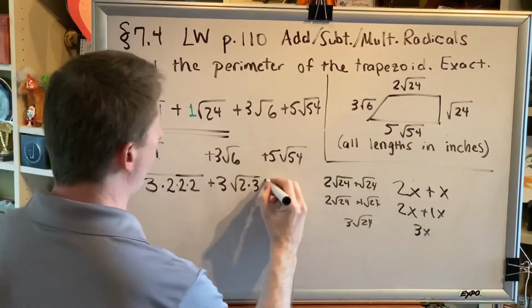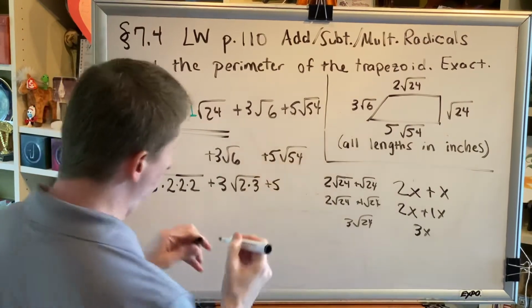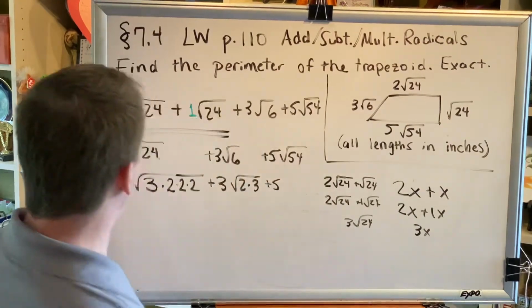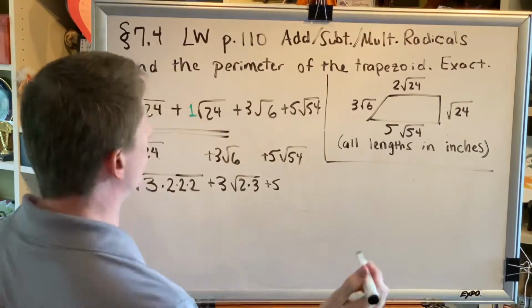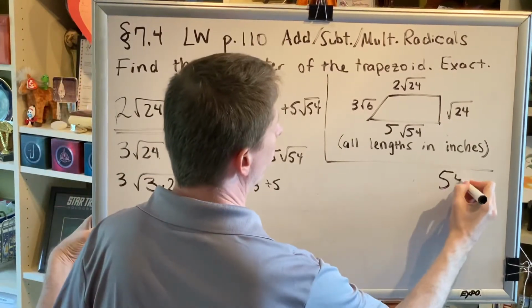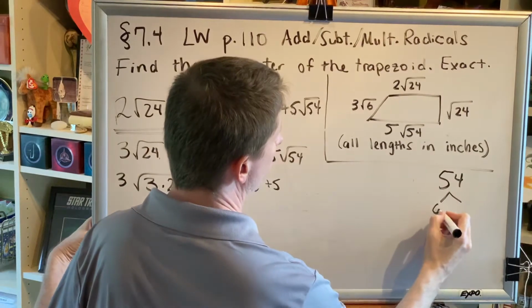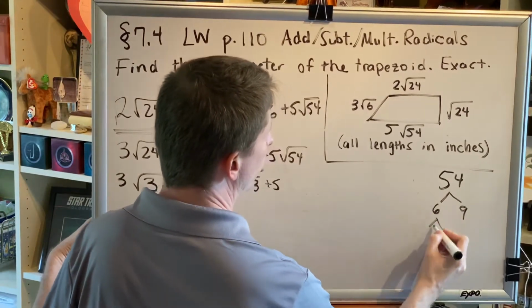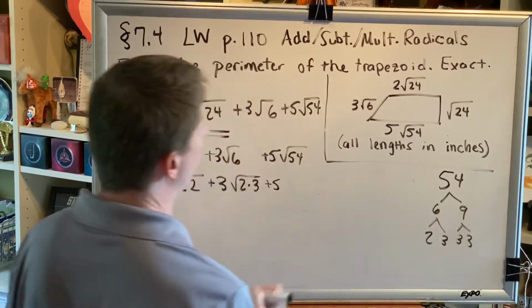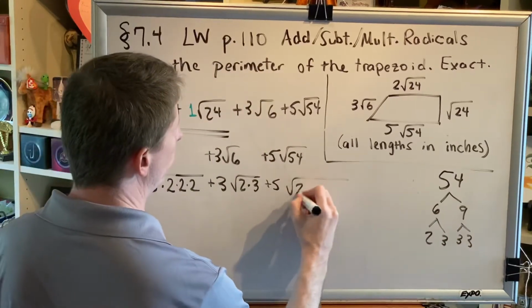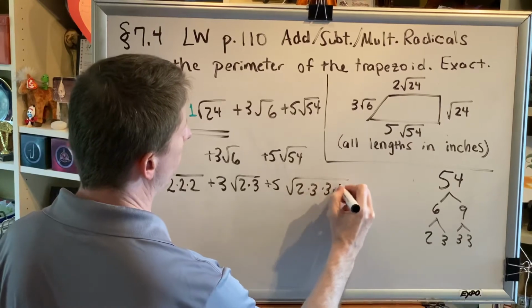And finally, in our last one, 54, let's make a tree for this one. This one's a little bit deeper than the other two. I think a visual is going to be helpful. 54 is the same thing as 6 times 9. 2 times 3 makes the 6, and 3 times 3 makes the 9. So we get 5 square root of 2 times 3 times 3 times 3.